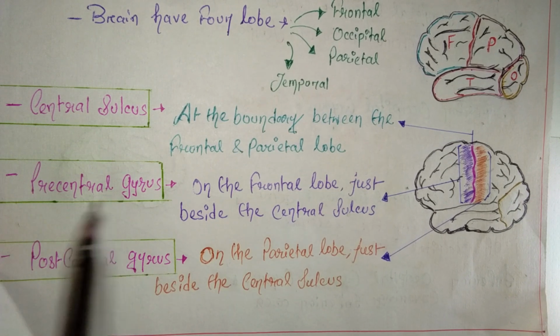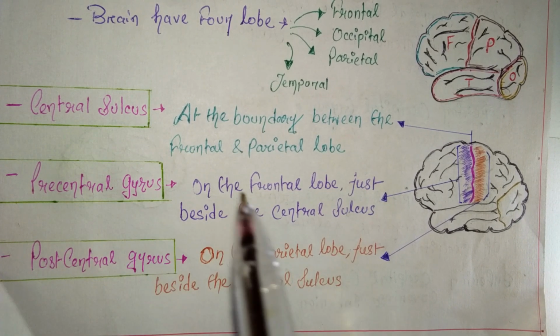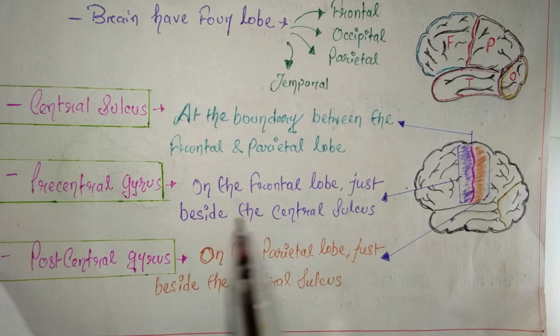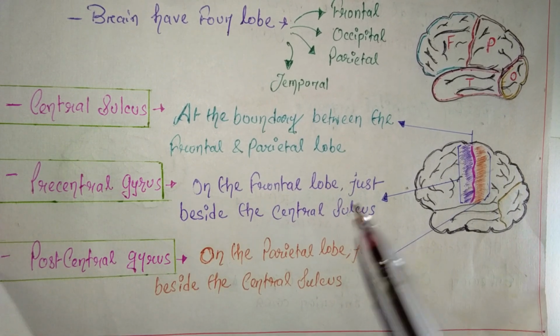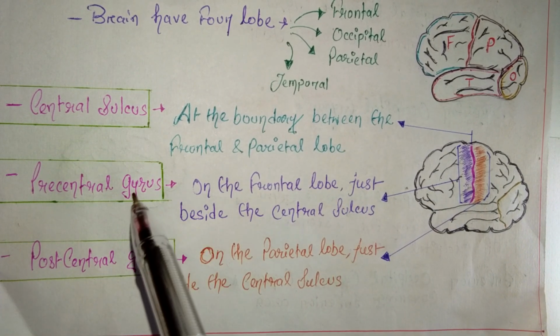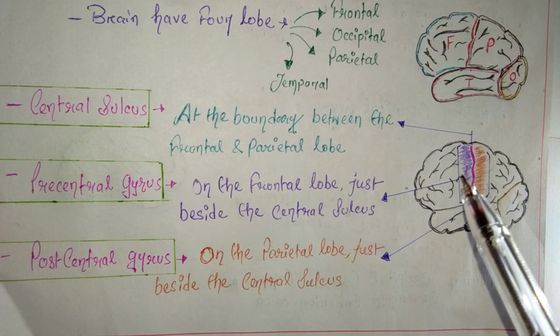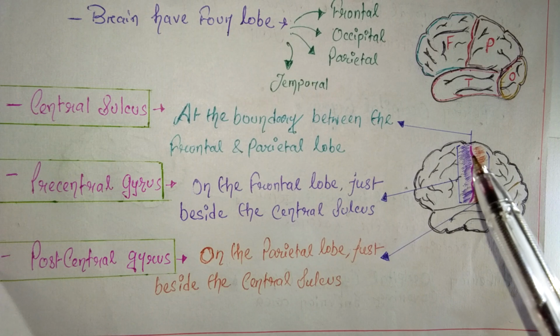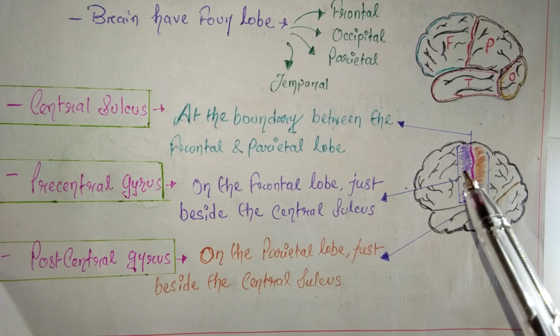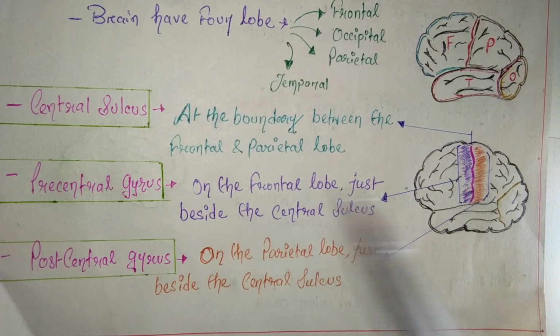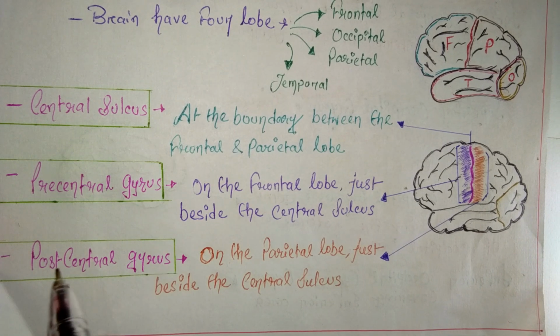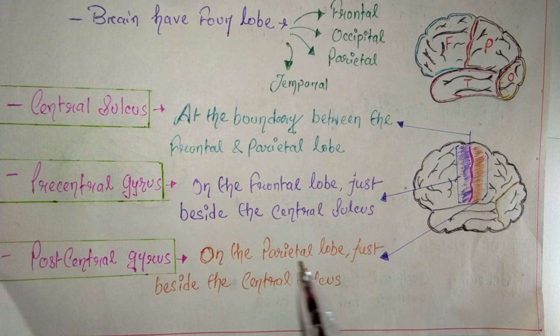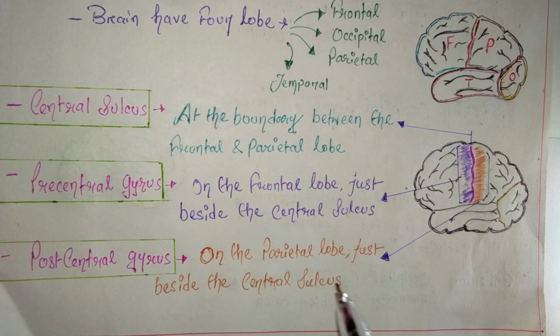Now the next one is the precentral gyrus. This gyrus is situated in the frontal lobe, just beside the central sulcus. So this portion is called the precentral gyrus. Now the postcentral gyrus, on the parietal lobe just beside the central sulcus.